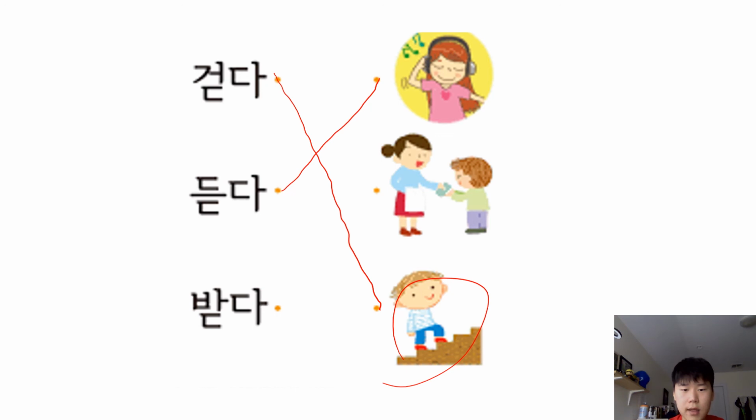And then the last one that is not drawn is 받다. Do you know why 받다 is for this picture? Yep, because 받다 means to receive, to take, right?